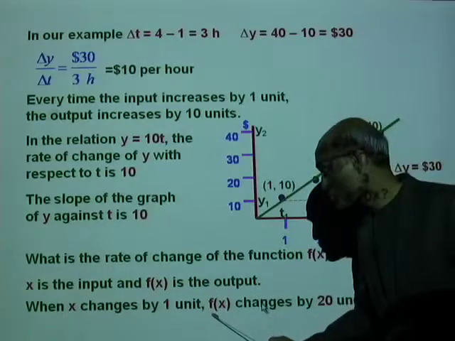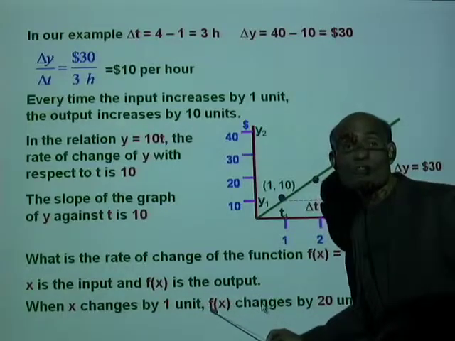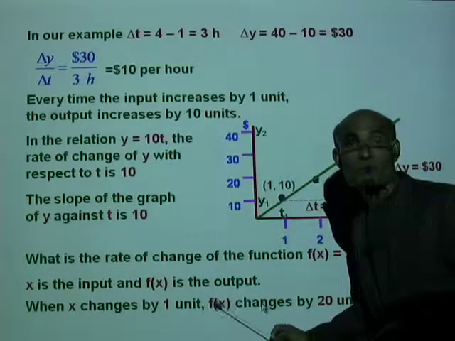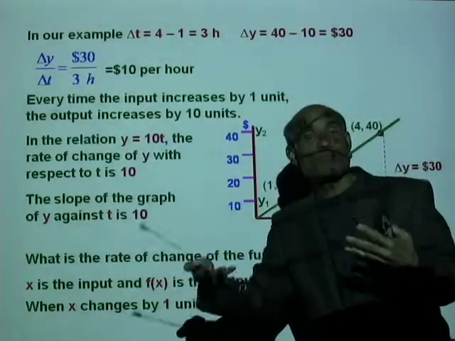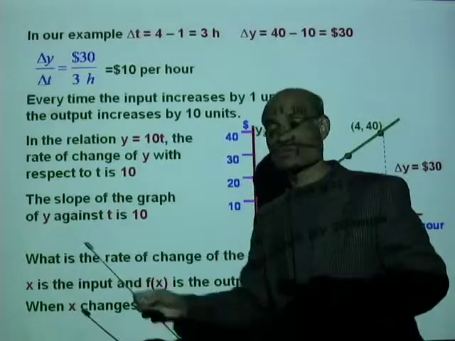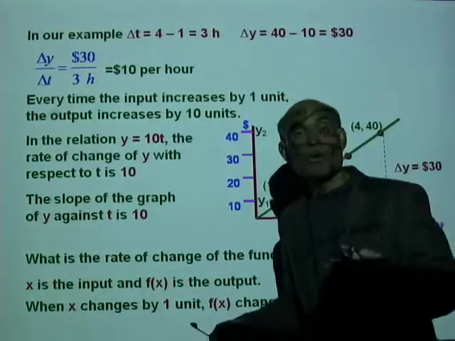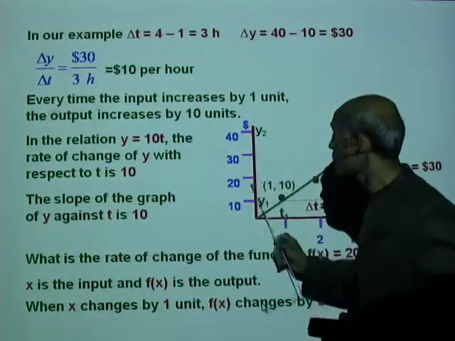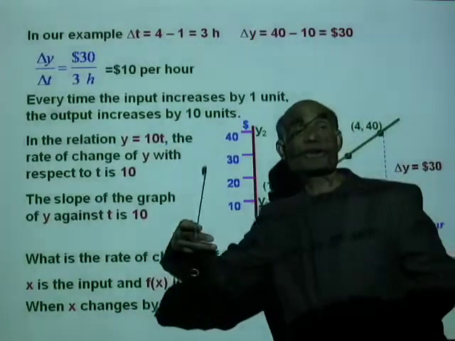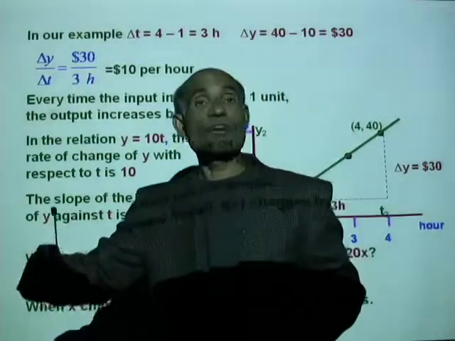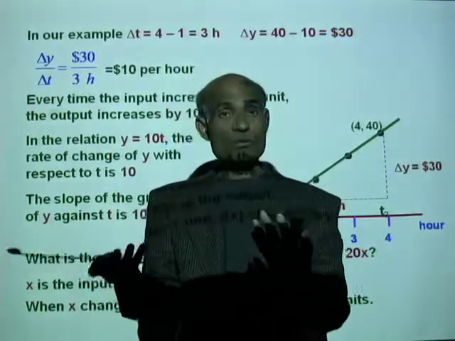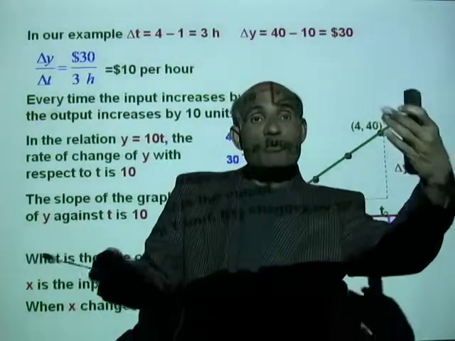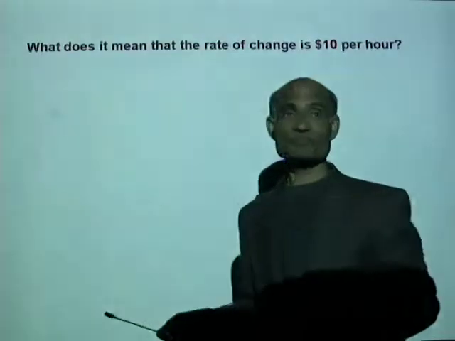I want you to watch. Here I use f of x for the output, which is the same as y. Very often we use y as the output, but y can also be called f of t or f of x, g of x, h of x. They are all representations for the output of a function.